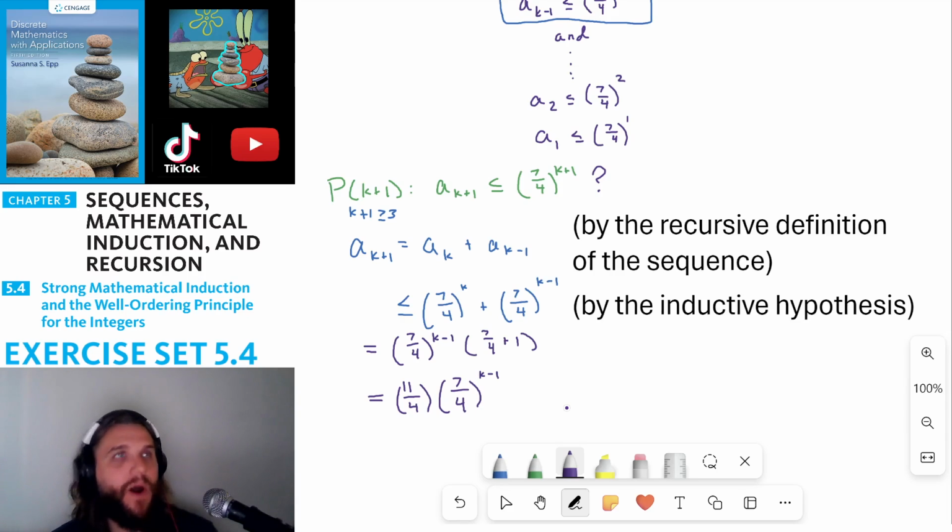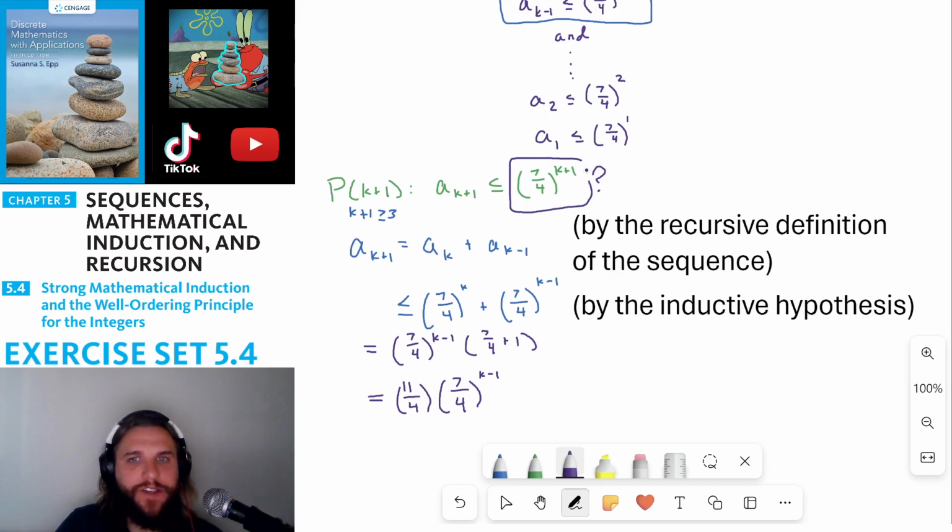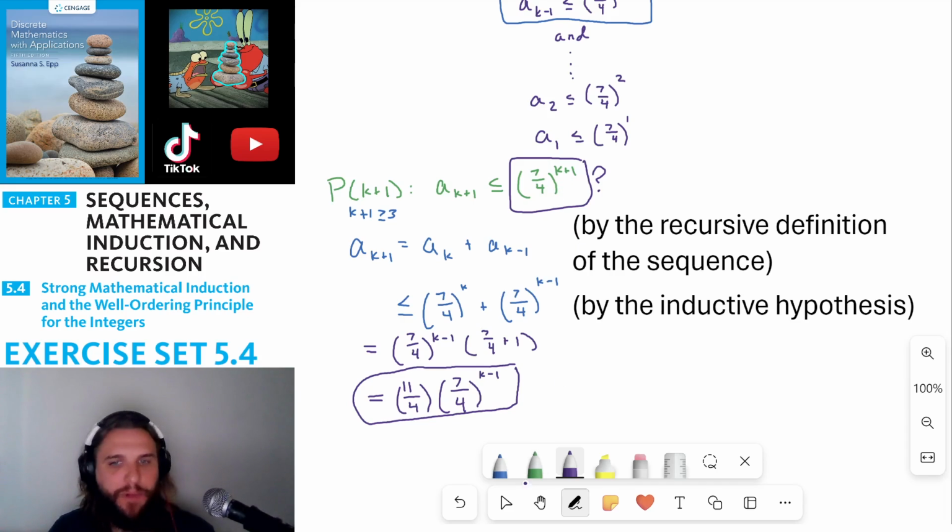Now, this is the part of the inductive step where it's going to look like I'm pulling a rabbit out of a hat. This is going to be a really weird trick, but basically, I'm going to try to show that this expression here, 11/4 times 7/4 to the k minus 1, is somehow less than or equal to 7/4 all to the k plus 1.